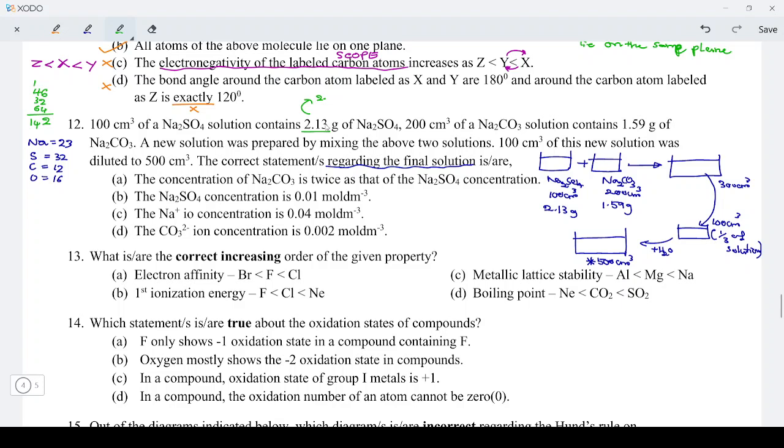Okay, 2.13 by 142. Let's find out the answer.